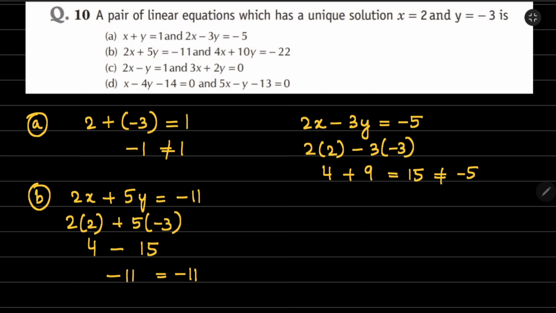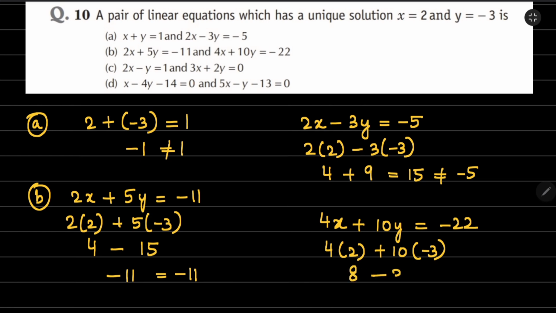Now let us check the other equation, which is 4x plus 10y equal to minus 22. What is 4 into x, which is 2, plus 10 multiplied by minus 3. So it is 8 minus 30. It is equal to minus 22. Right? So for option B, both the values are correct.